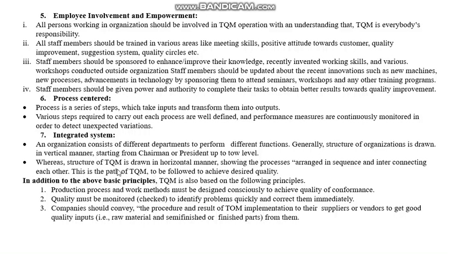Whereas the structure of TQM is drawn in a horizontal manner, showing the processes arranged in sequence and interconnecting each other. This is the path of TQM to be followed to achieve desired quality.